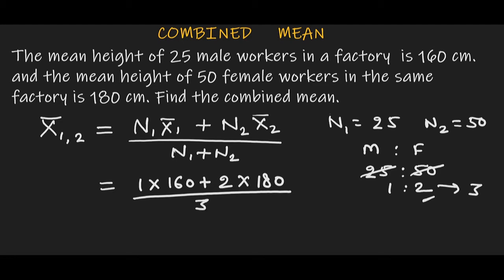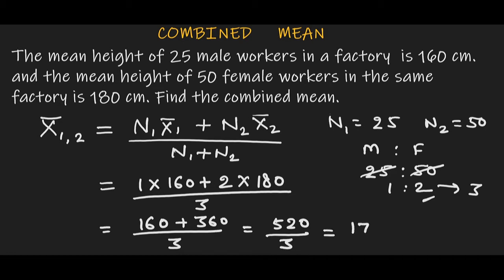So we will write 3 here and we will solve it. 160 plus 360 divided by 3 which will be 520 divided by 3. So this will be 173.33. Because it is mean height, we will write cm here, centimeter. So this is our final answer.